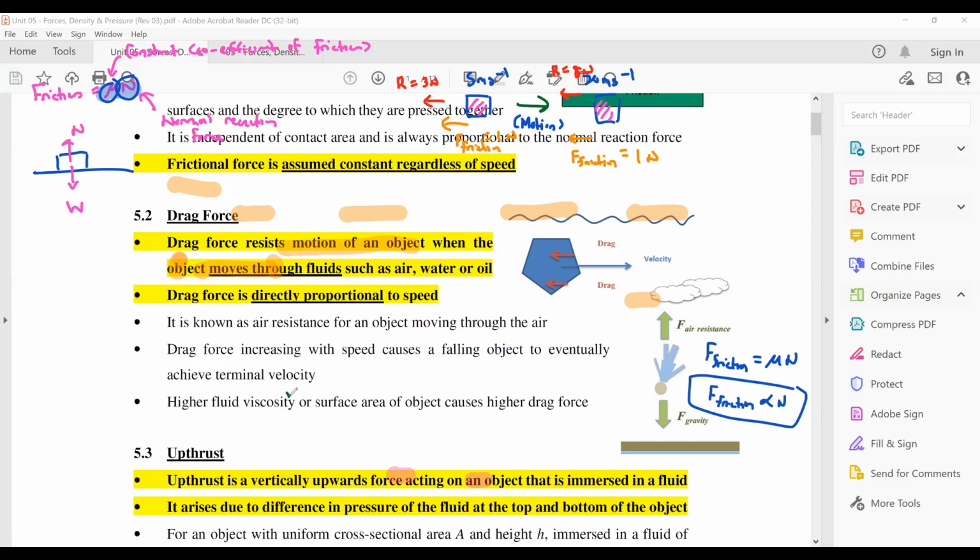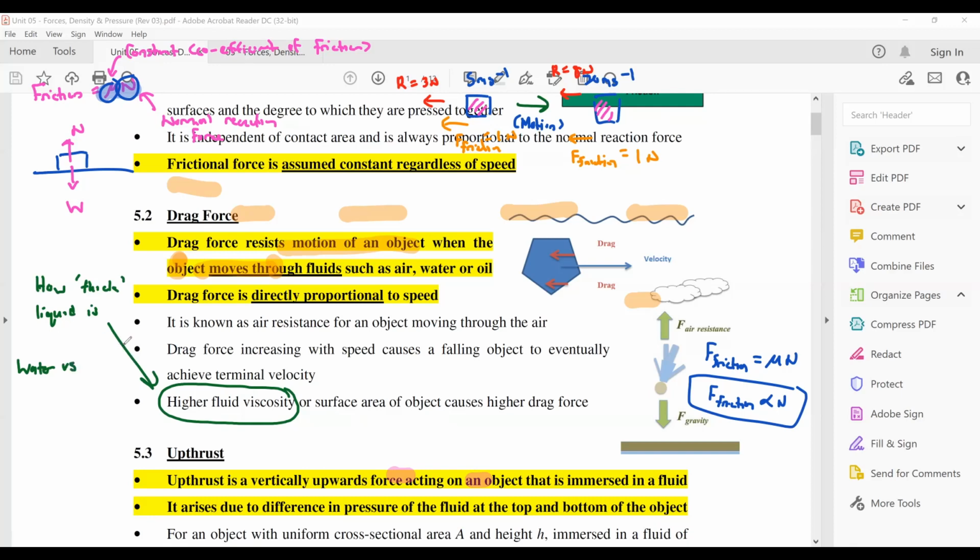Now let's go back to this one. Drag force is affected by fluid viscosity. Fluid viscosity refers to how thick the liquid is.